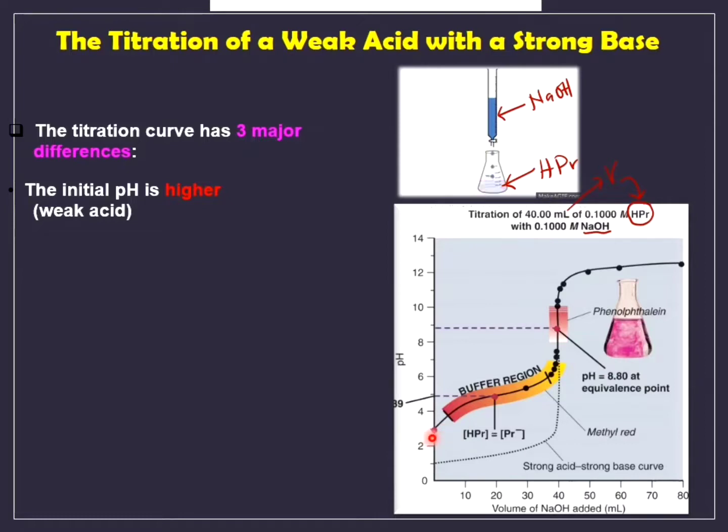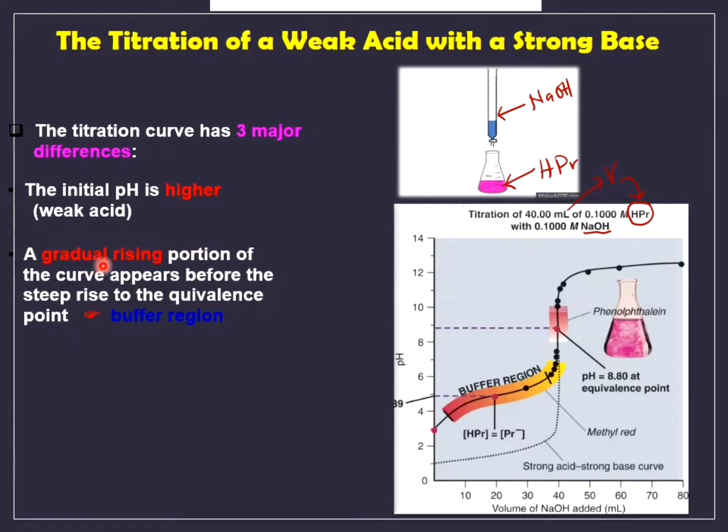And then a gradually rising portion of the curve appears before the steep rise to the equivalent point, called the buffer region. This is before adding sodium hydroxide, so your pH starts at about 3 like that.